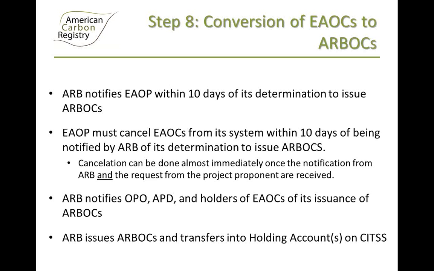And we are required to cancel those early action and offset credits from the system within 10 days of being notified. As I mentioned earlier, if the request from the project proponent has come in already, we already have that request. That cancellation can be done pretty much immediately once we get the green light from ARB.